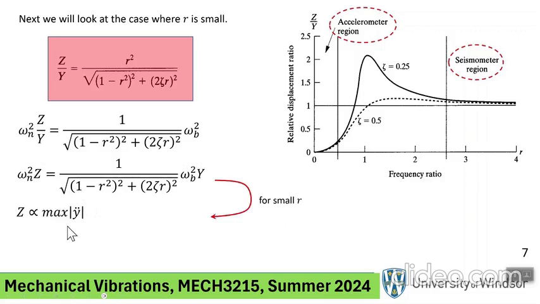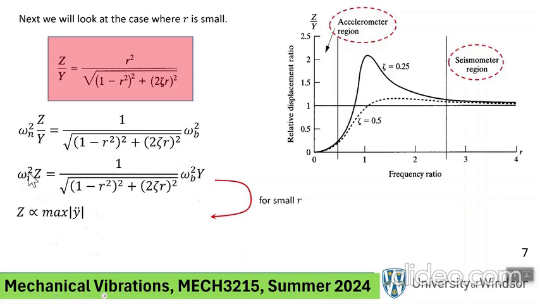And what it's telling you is this. Look, Z is approximately, or Z is proportional to, the maximum acceleration of the base. You might say, well, what happened to this omega n squared?